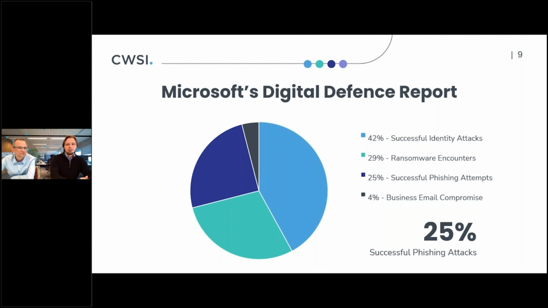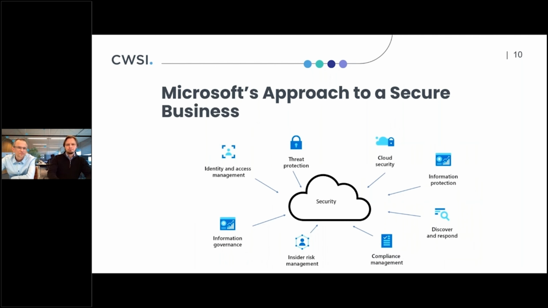And 42% of identity attacks are even successful. So phishing is a very important way for hackers to get access to data and to organizational assets.